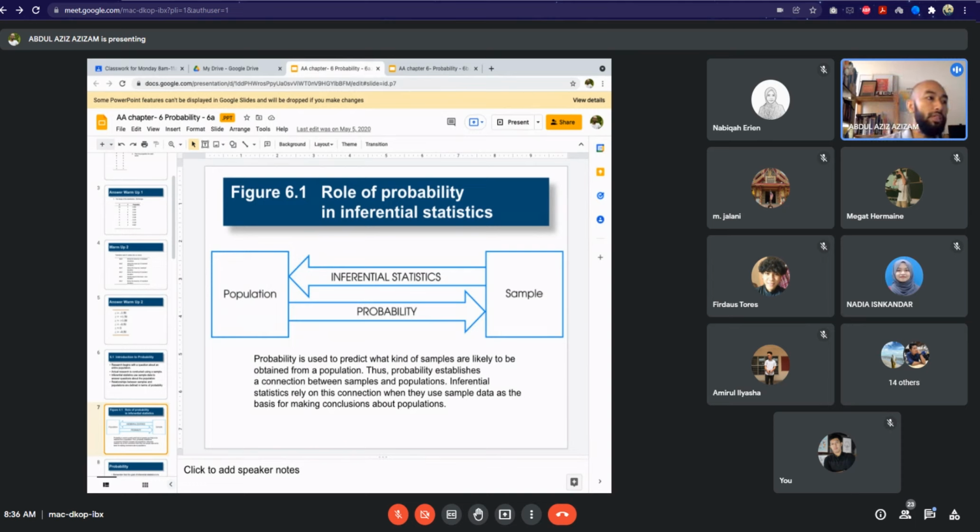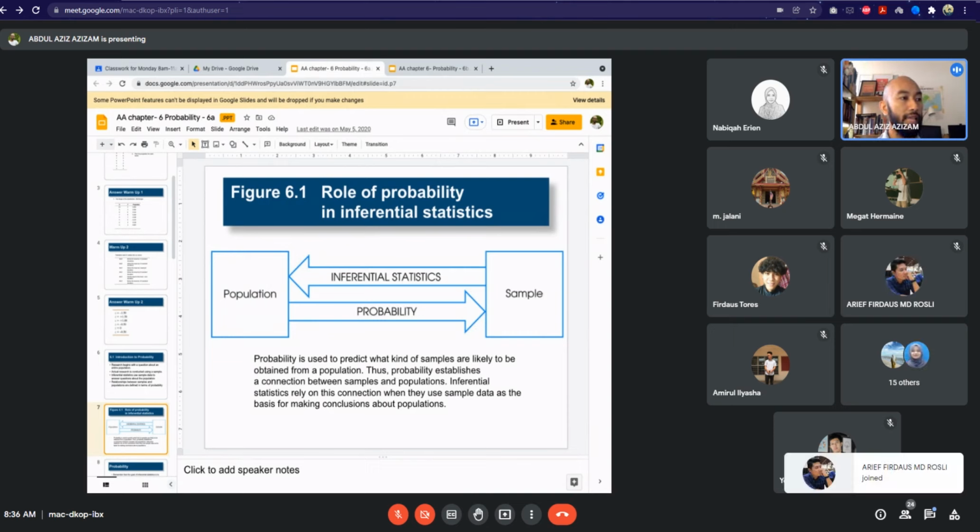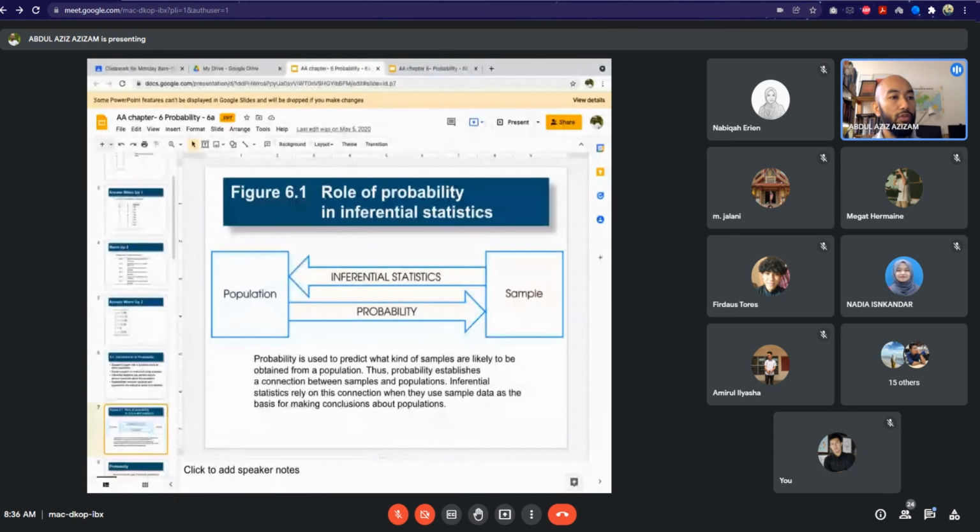Probability is used to predict what kind of sample are likely to be obtained from the populations. Thus, the probability establishes connections between sample and population. Inferential statistics rely on the connections when they use sample data as the basis of making conclusion of the populations.